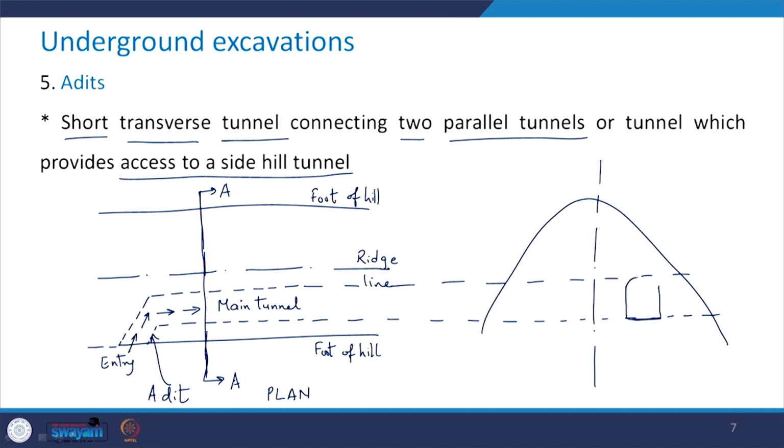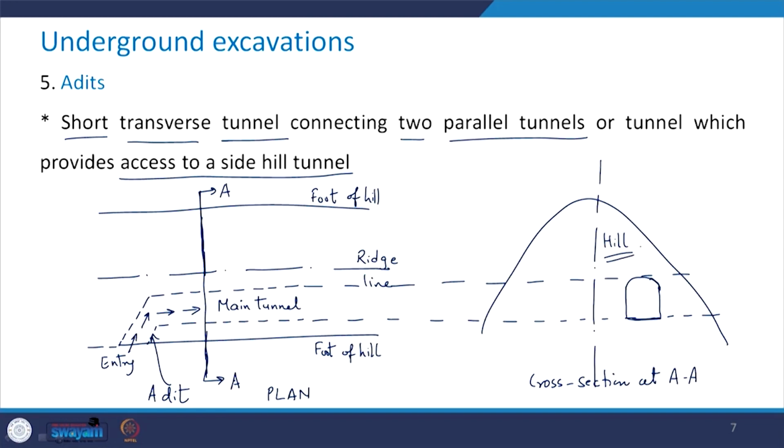This is how your tunnel will look like in the cross section at AA, that is this section, and this is what is your hill.